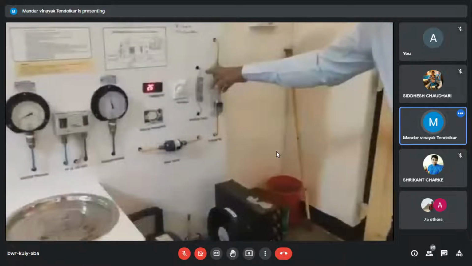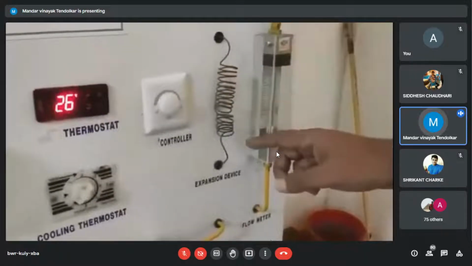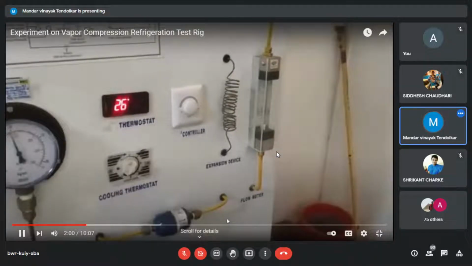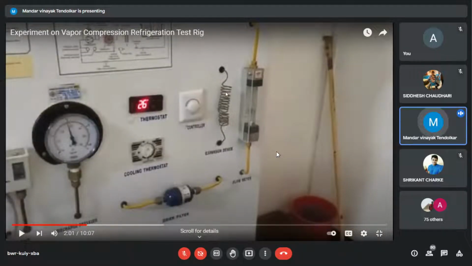So look at this coil kind of thing, the copper coil kind of thing. This is the expansion device. This is the capillary tube. In the earlier video, what you have seen is the solenoid type of expansion device.